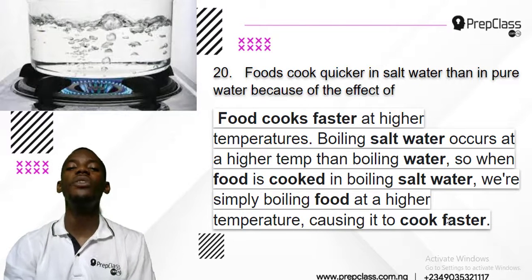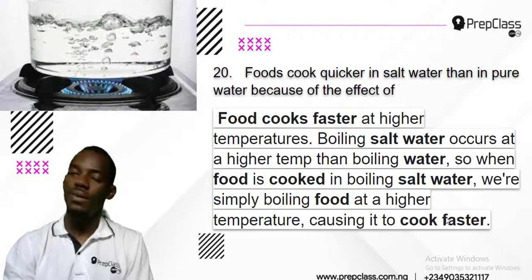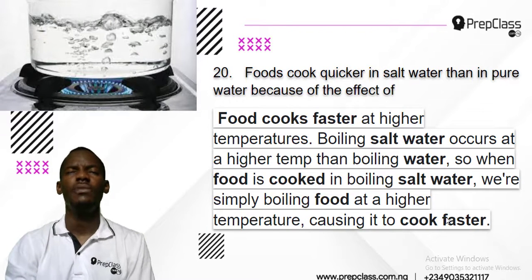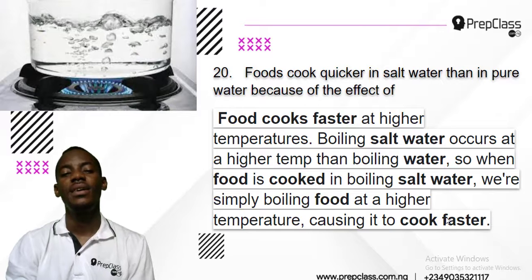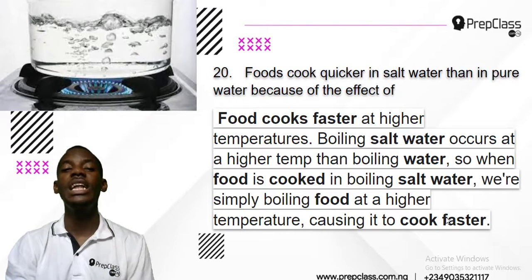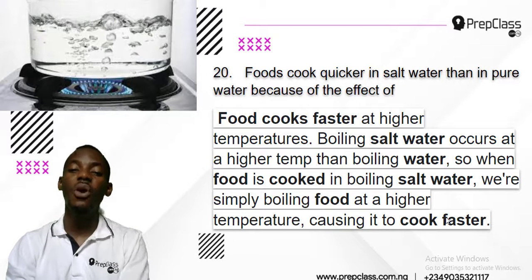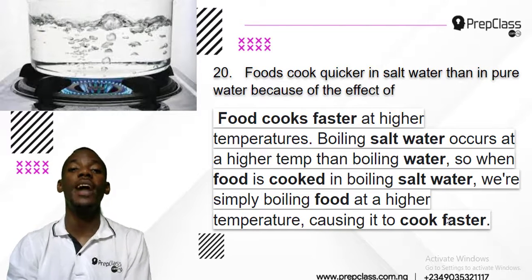Before salt water can boil, it takes a higher temperature, the higher the impurity. Salt in water is an impurity, so an impurity raises the boiling point of water. That means pure water will boil at 100, but if there is salt in that water, it will not boil at 100 degrees Celsius.